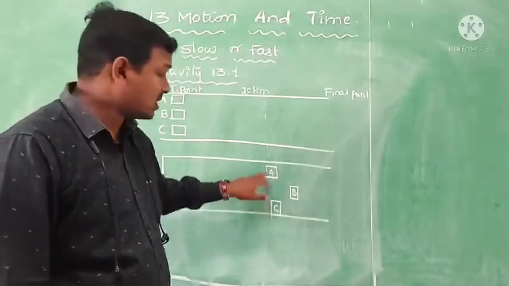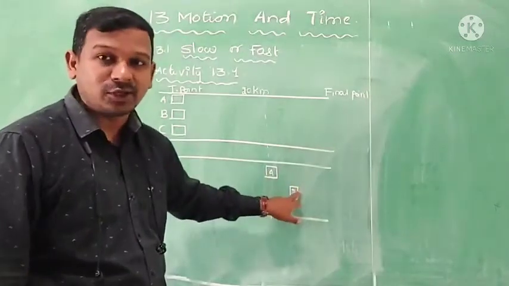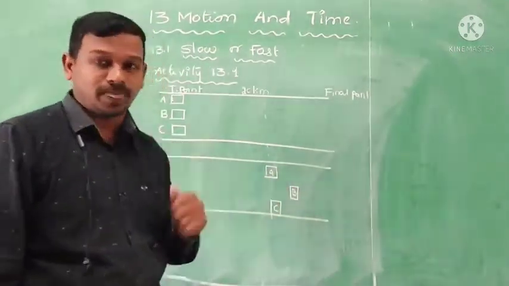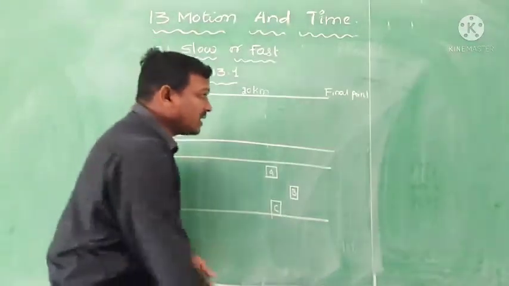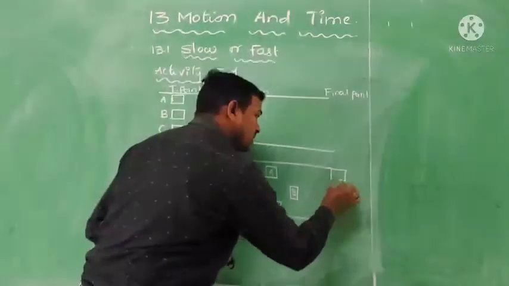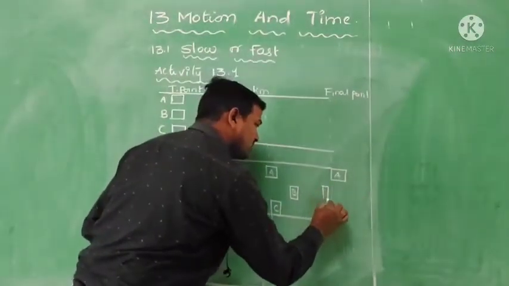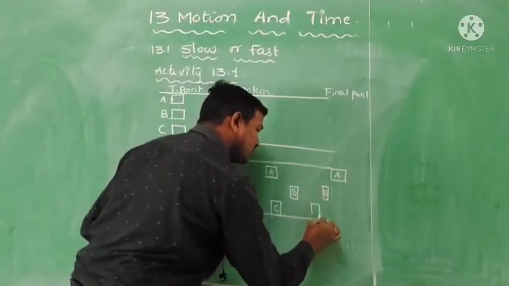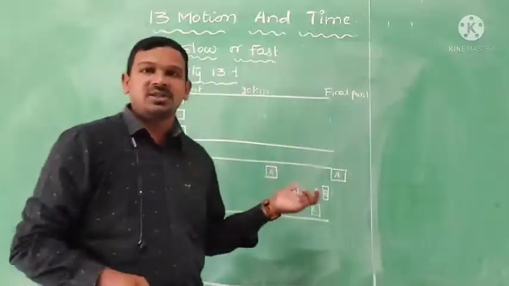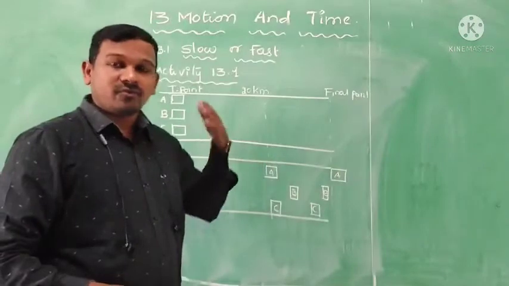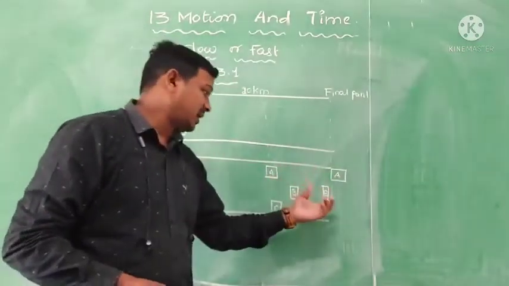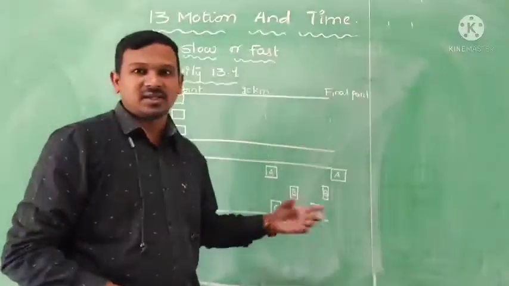We can say these are also going fast, but compared to B, A and C are going very slow. Next, at the destination, after 1 hour, suppose car A has reached here, car B is here, car C is here. Now you can say which one reached the destination first. Car A reached first, car B second, car C third.